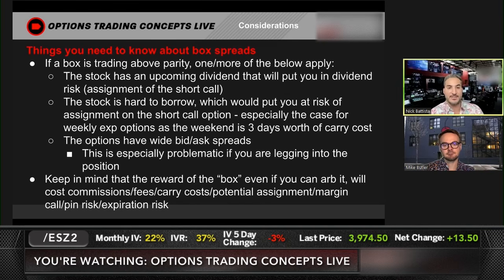So if you have something with a 100 or 200 or 300% borrow rate, and you sell an in the money call spread that's $3 wide at $3.20, that $20 in value you're taking is far less than what you're paying in interest on the potential short shares you get assigned the next day. So keep in mind that borrow rates can come into play here.